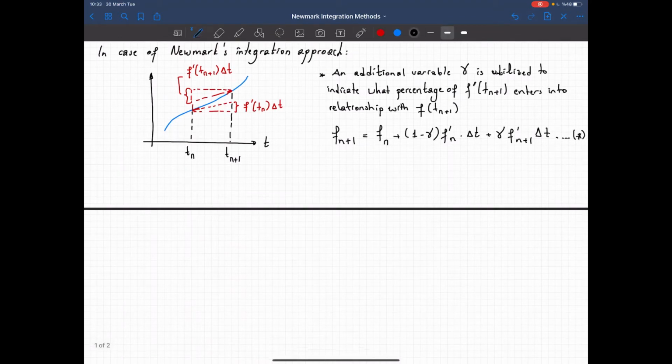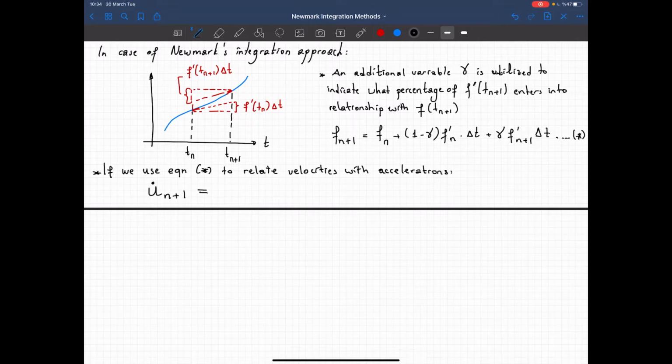Now, if we use equation star to relate velocities with accelerations, we have the following relationship: u dot n plus 1 is equal to the velocity at the current time step plus 1 minus gamma u double dot n delta t plus gamma u double dot n plus 1 delta t.